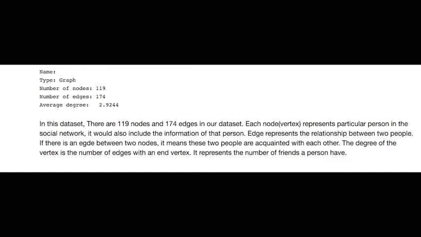By the way, we can see the average degree here is about 2.9. The degree of a vertex is the number of edges attached to the node. In a social network, it represents the number of friends that the person has.